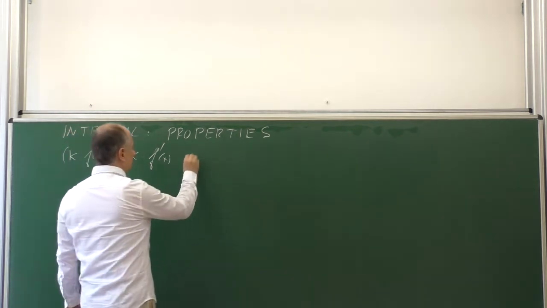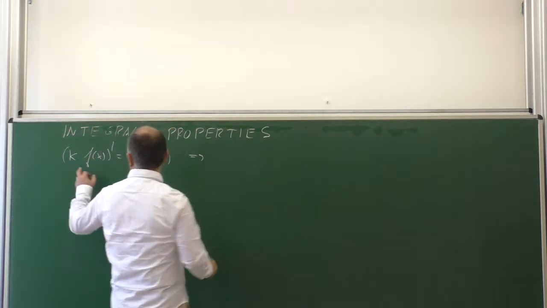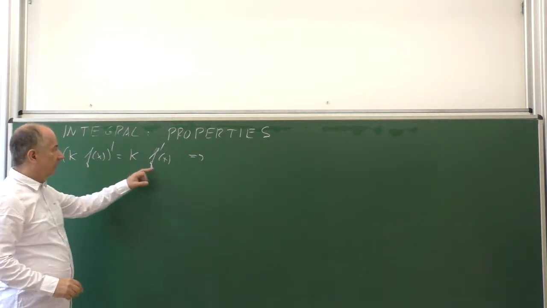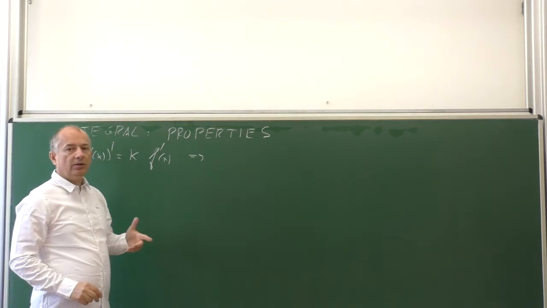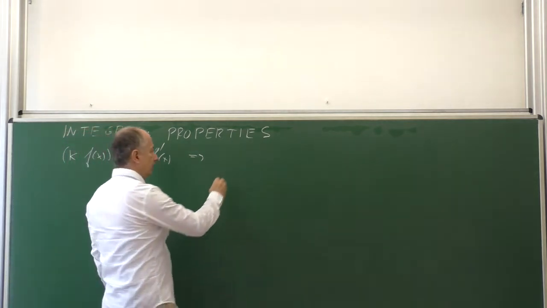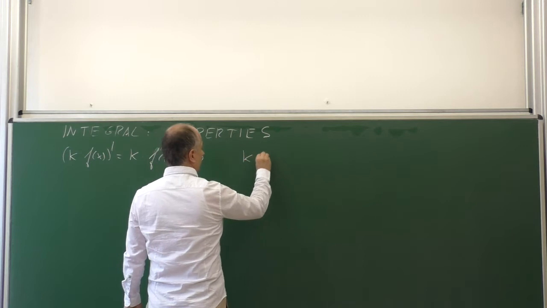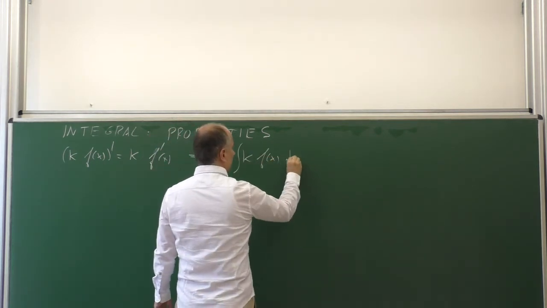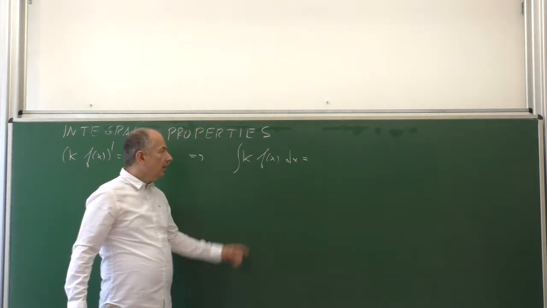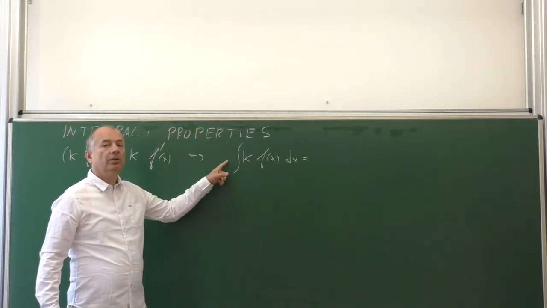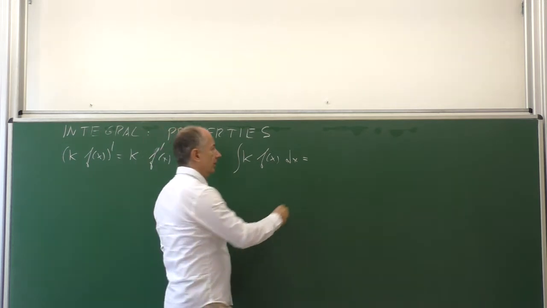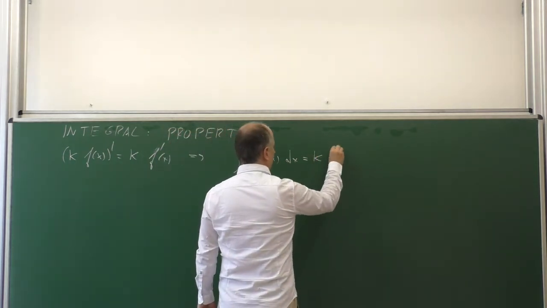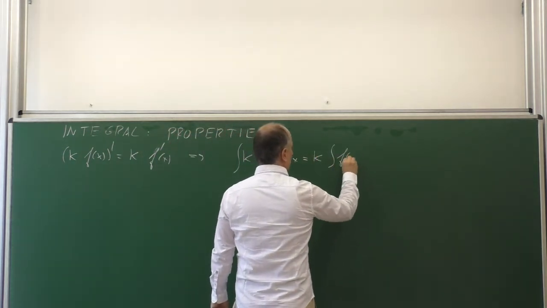So as a result, this multiplicative constant remains as a multiplicative constant even for integration. Namely, if we have a constant and a function and we integrate, then we can factor out the constant k in front of the integral. And this is equal to k times integral of f.